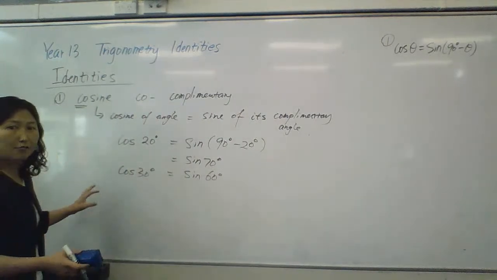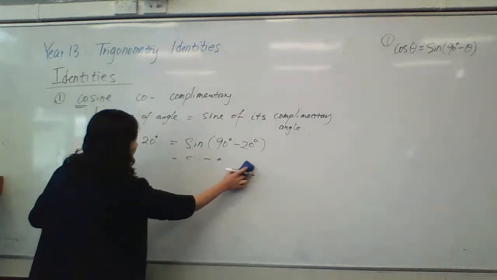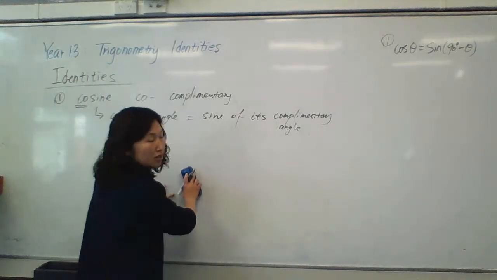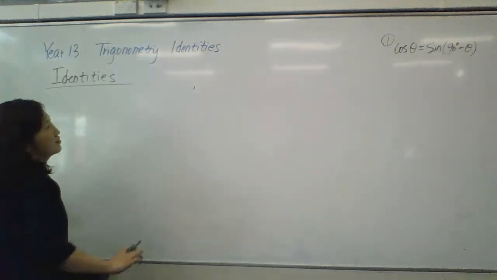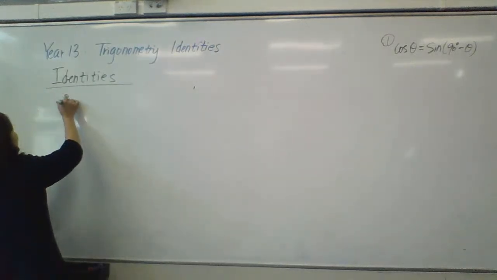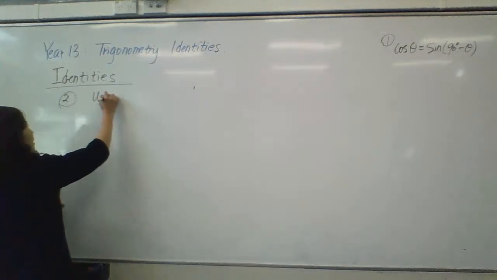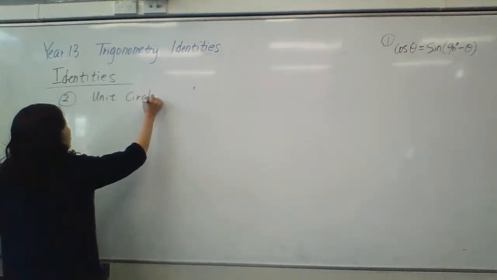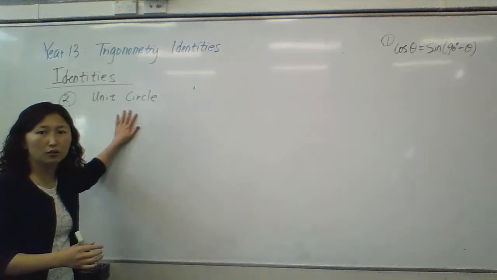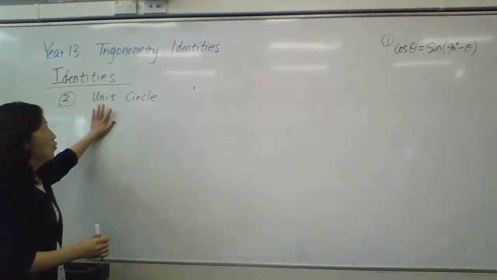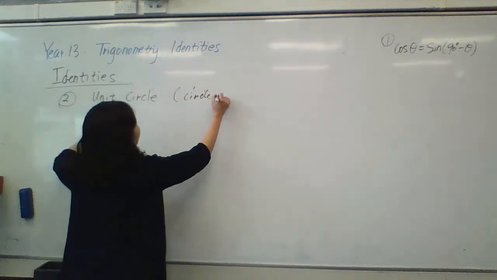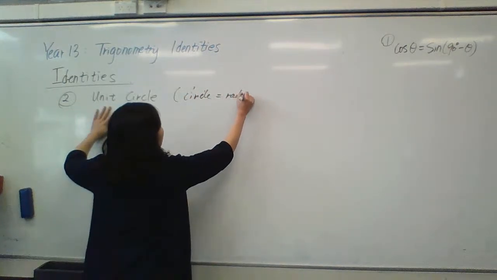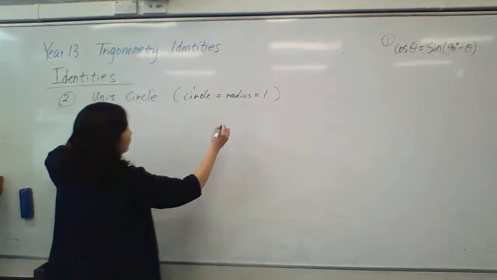All right, now let's have a look at the second one. If you're not from my class, I'm not sure how many of you went through something called unit circle. Unit circle, just according to the word, means the circle with a radius of 1 unit.